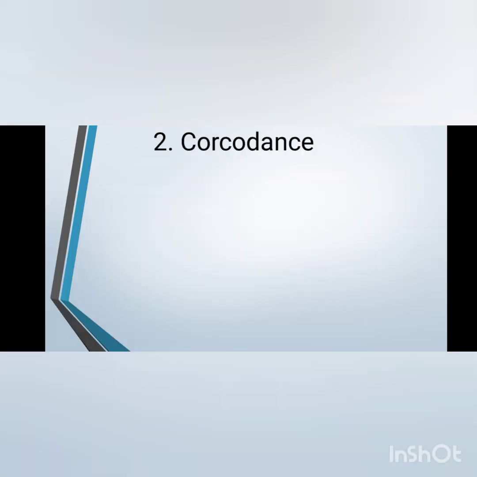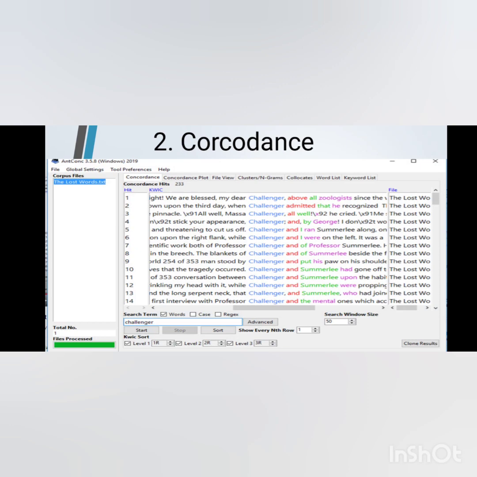Next slide, concordance. Concord is a program which makes a concordance using DOS text only, ASCII, or ANSI text files. I chose "Challenger" in the concordance column because in this novel, almost every character has Challenger's soul.